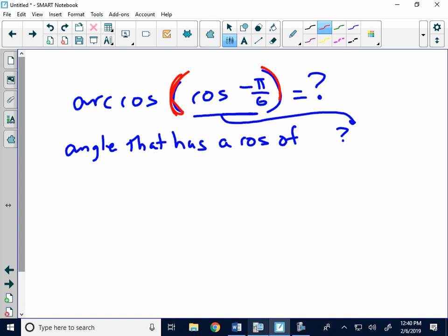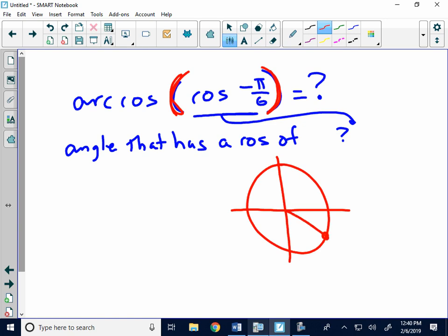Cosine of negative pi over 6, that's a nice unit circle problem from last chapter, first part of chapter 6. Negative pi over 6 is right here. There's my dot. It's halfway down. I know this is minus 1/2. This is the square root of 3 over 2. Okay, so the cosine of that angle, negative pi over 6, is square root of 3 over 2.